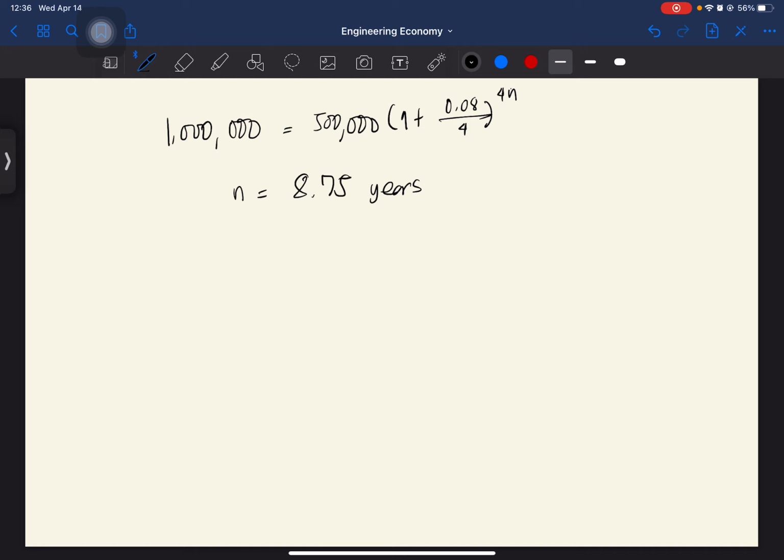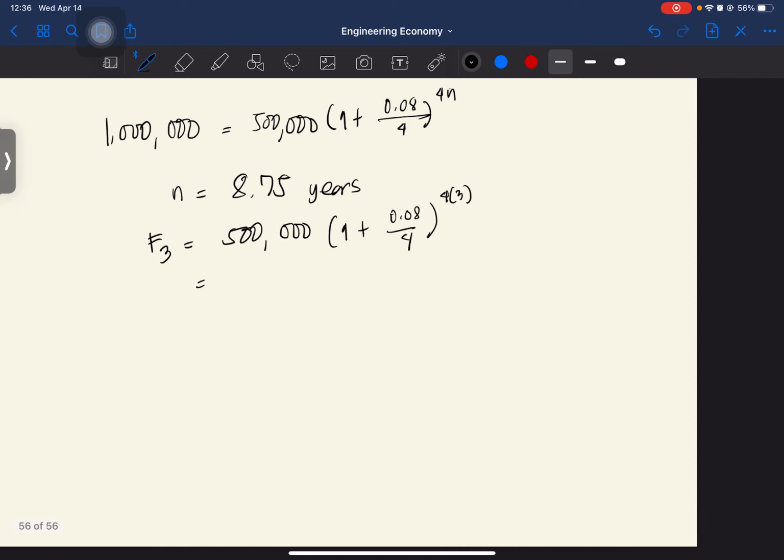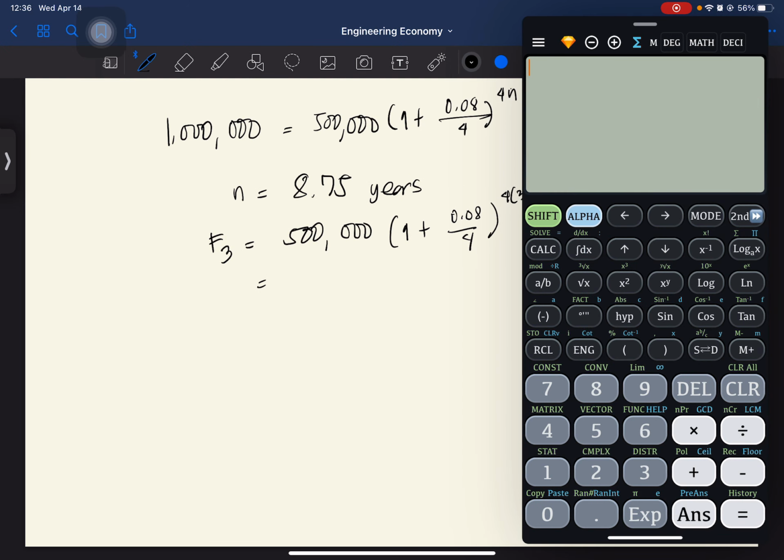Okay? Ngayon, after 3 years, nag-withdraw ka. Pero magkano na yung pera mo? Siyempre, ang amount na ay 634,120.